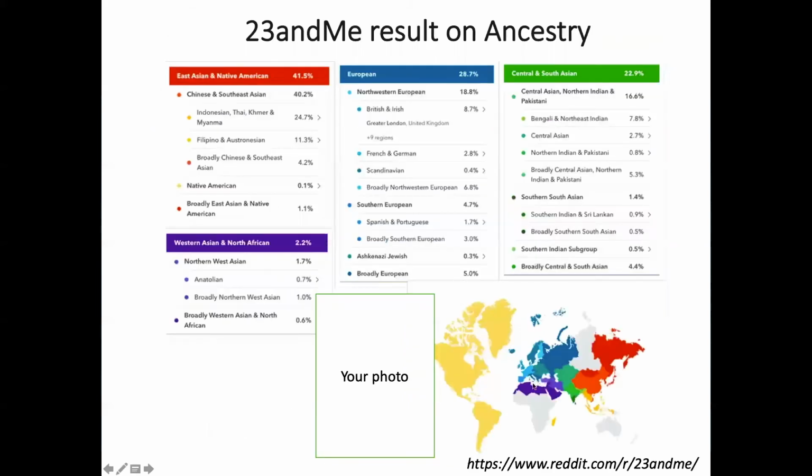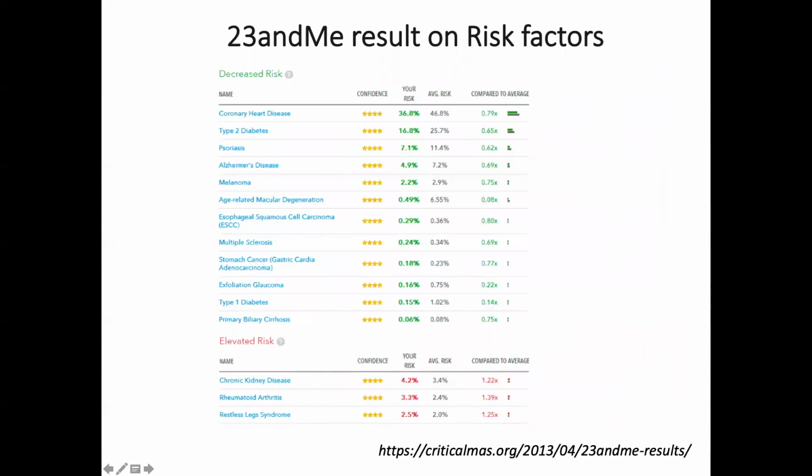This slide shows a sample report of 23andMe results in ancestry. It tells you what percentage of genetic information you got from different lineages. Here you see this person actually has different lineages, with different percentages as well. The risk factors of different diseases are also included in the report.